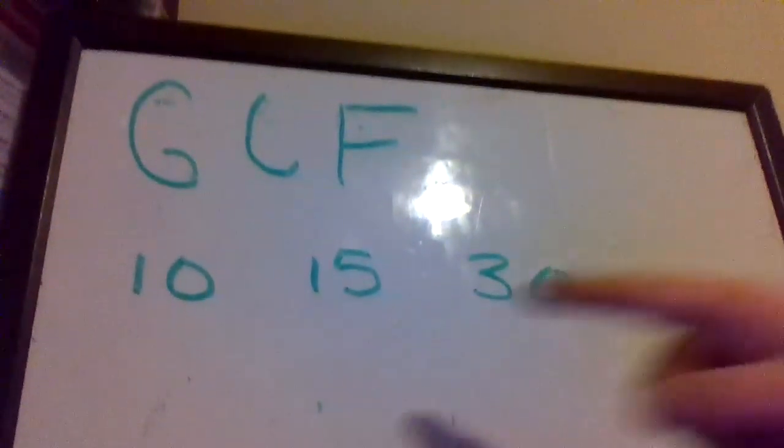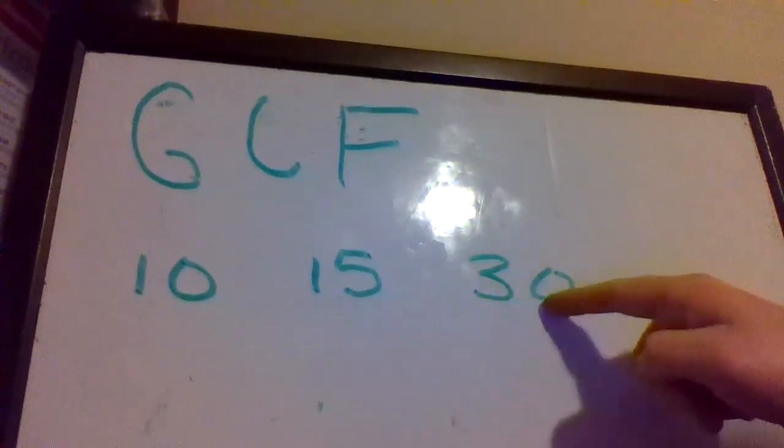So today, we're going to take it one step further and look at three numbers. We're going to find the greatest common factor of 10, 15, and 30.